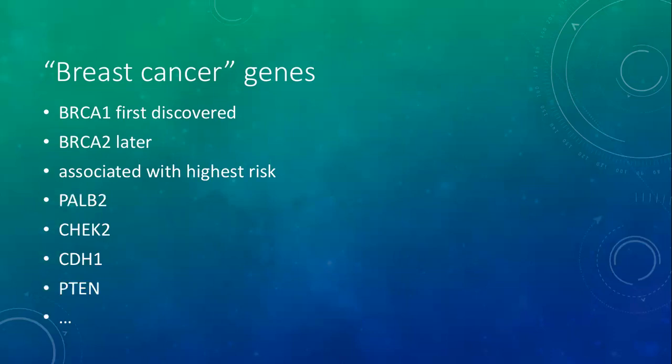So these are gene names. You don't need to understand what they mean. It's just different genes. But the risk is increased compared to a random person in the population, but by far not as high as the BRCA1 or BRCA2 faulty alleles.